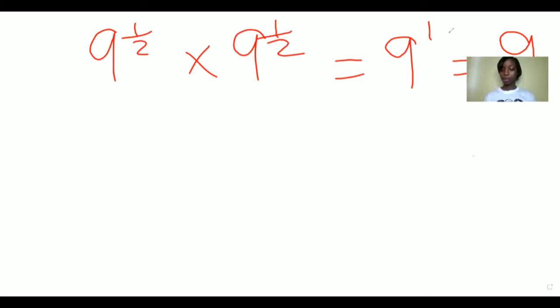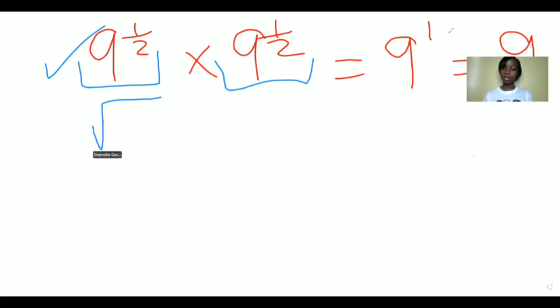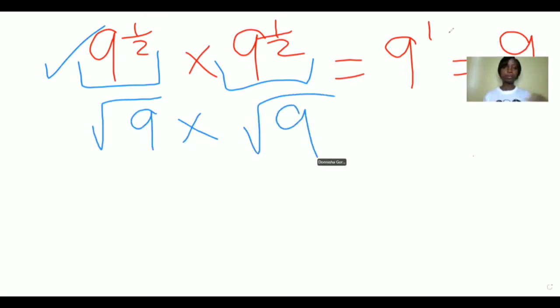So here we notice I multiplied something by itself to give me 9. And if I multiply a number by itself to give me another number, then it means that this would be the square root of that number, which means I can also say that 9 to the half means square root of 9. Square root of 9 times square root of 9 would have been 3 times 3, which would also give me 9.